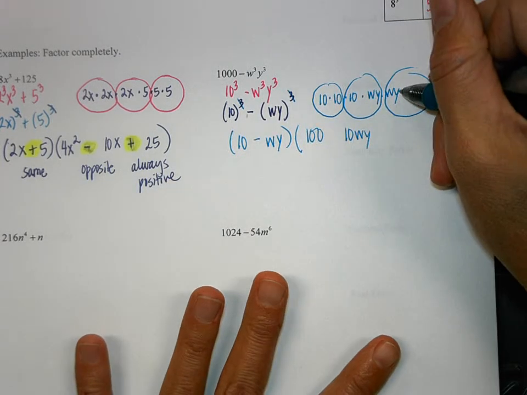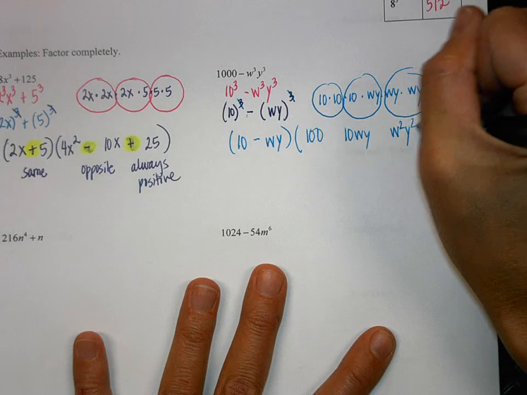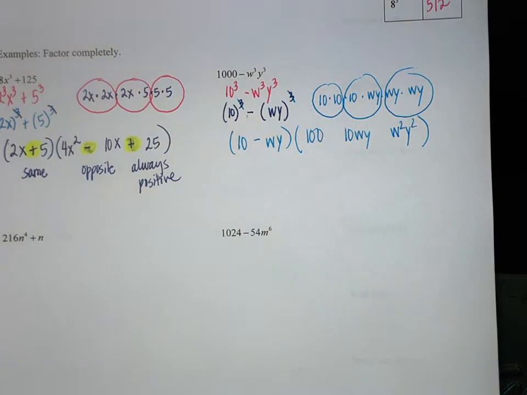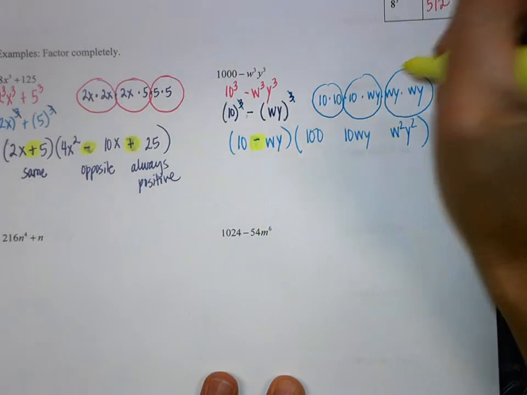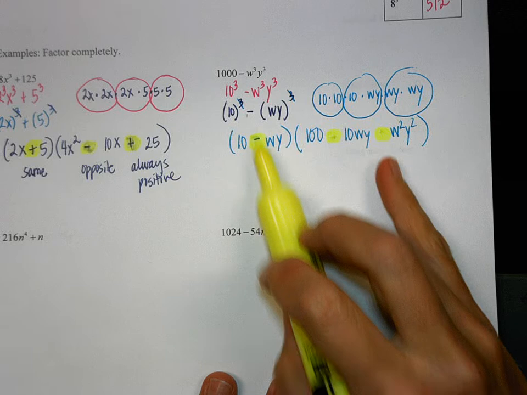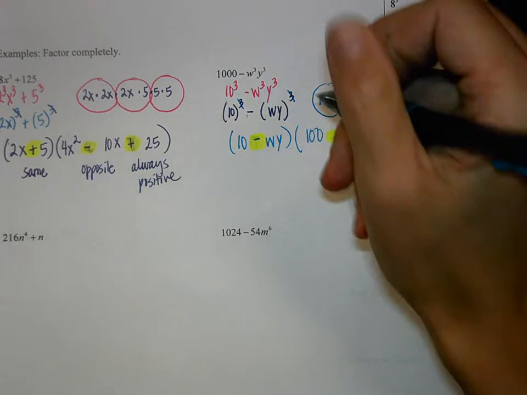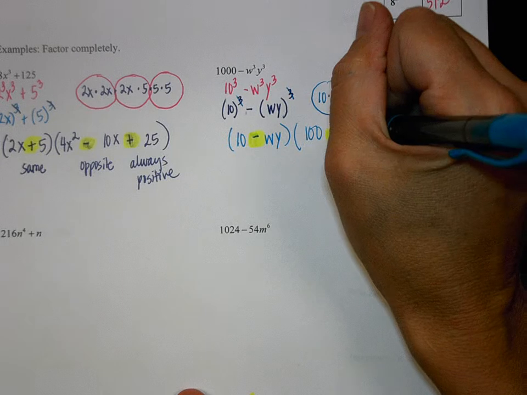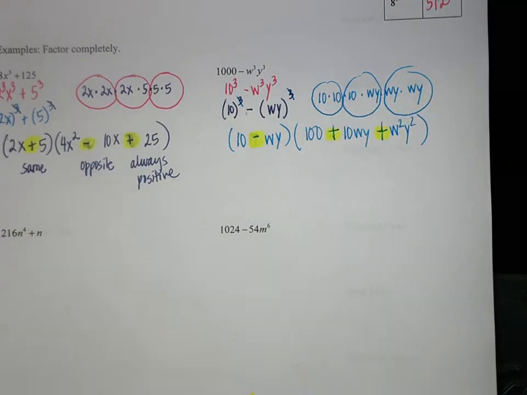And then wy times wy will make w squared y squared. Then we put in our signs. We already have our minus here, and remember that one is always the same. Our next sign is always the opposite, so opposite of minus is a plus, and the last term is always positive.